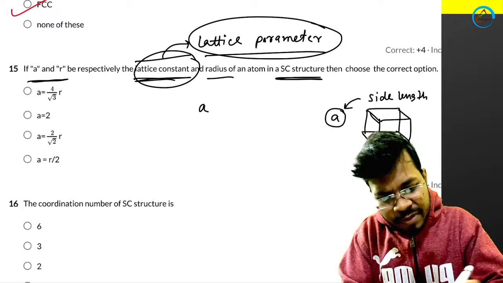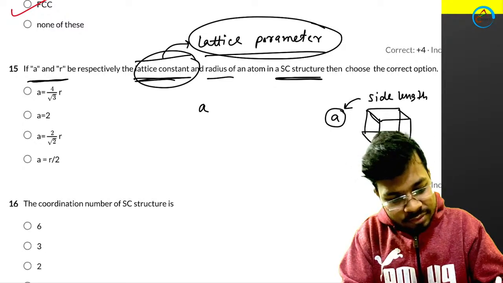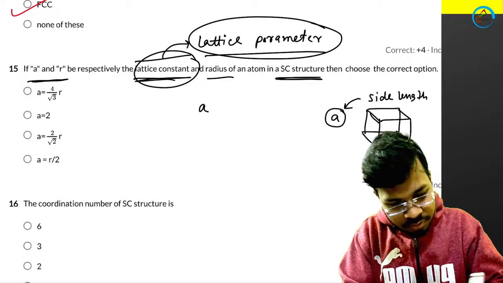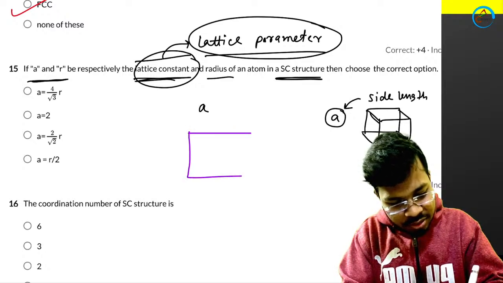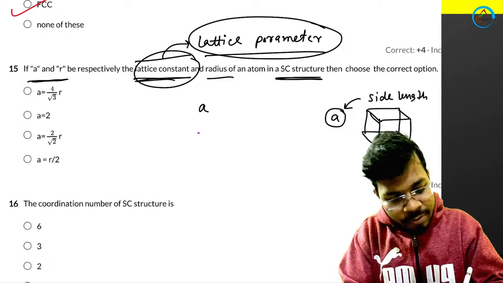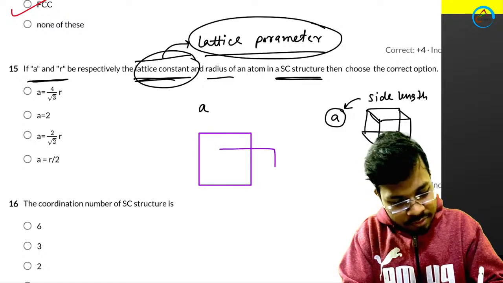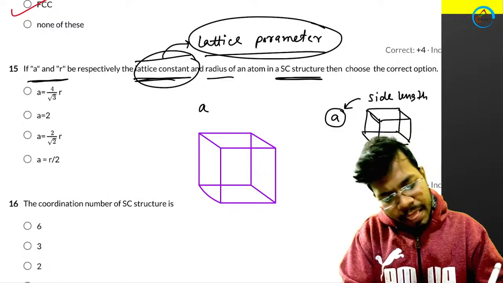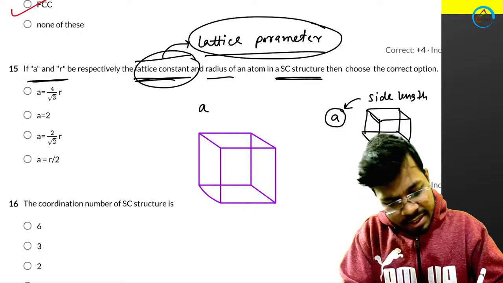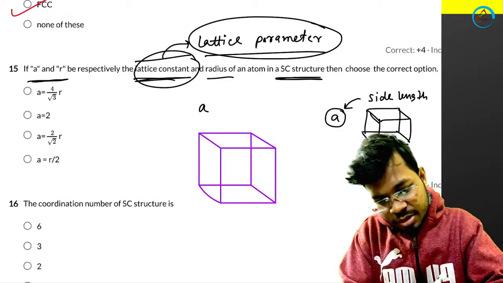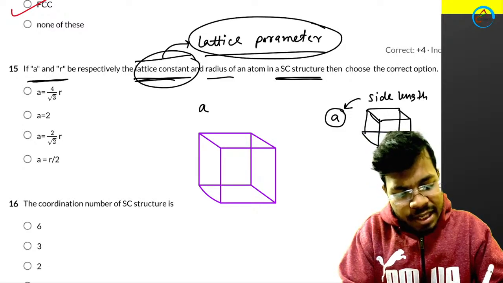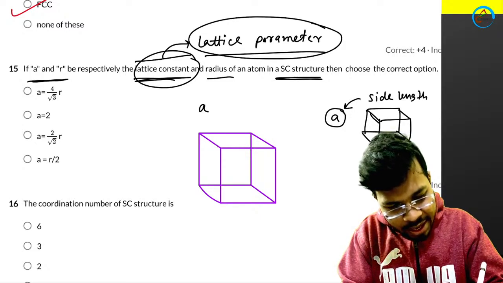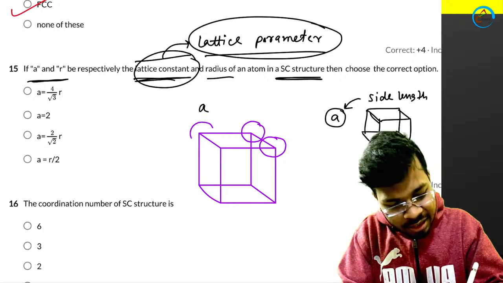Now let me draw this picture more clearly, otherwise I can't make you understand. Okay, so now let me put all these things. Lattice parameter. I am talking of simple cubic, which means here one lattice point, here another lattice point, here another, here another.